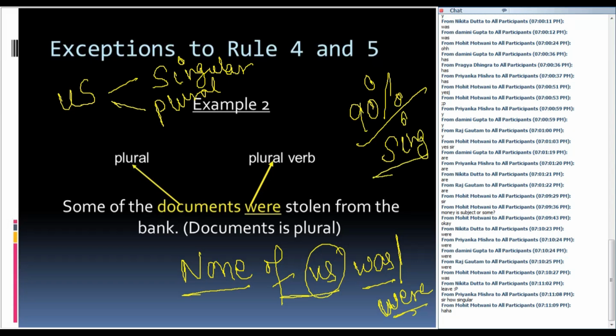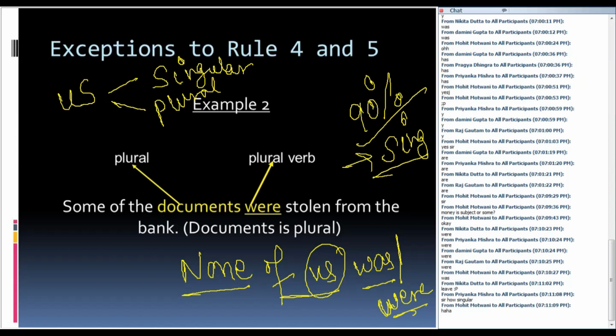It is always safer to be on the singular side. Even though there is a 10% chance that it can be plural, there's a 90% chance that it is singular. You will see that most of the rules that we will discuss will try to tell you that it is singular, singular, singular, even though it looks plural.